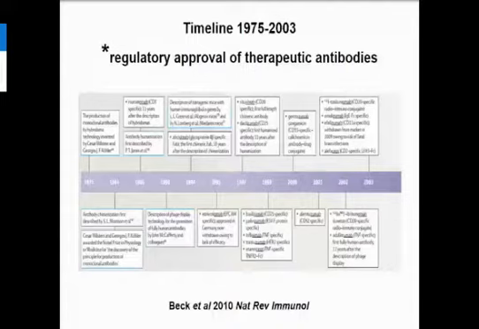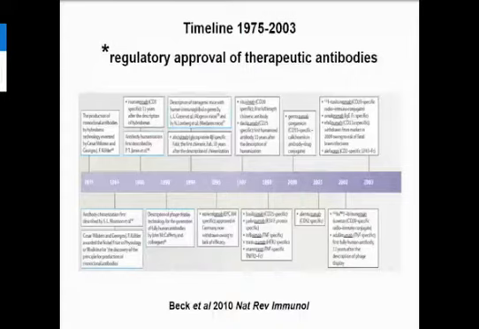So another way to make humanized antibodies is with transgenic mice that have the machinery to make human antibodies. So this was described in 1994. And then various therapeutic antibodies started to come online, late 1990s and the 2000s. So the first therapeutic antibody from a phage display screen came about in 2002.